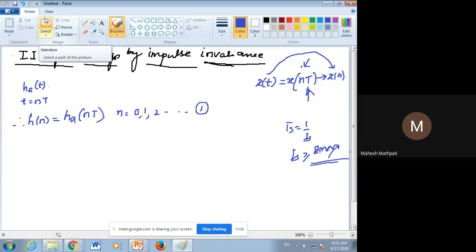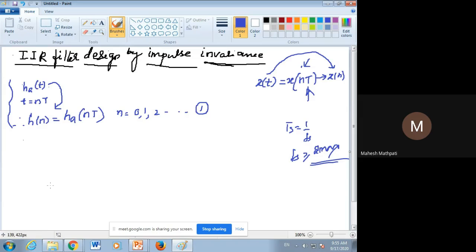Just write the next para. So in the first part we have understood how this h of t is converted into the digital form, that is h of n, where h of t is the impulse response of the analog filter and h of n is the impulse response of the digital filter. So this is the first part.